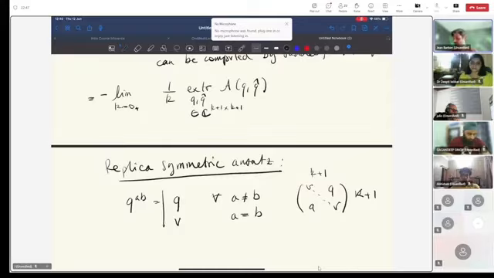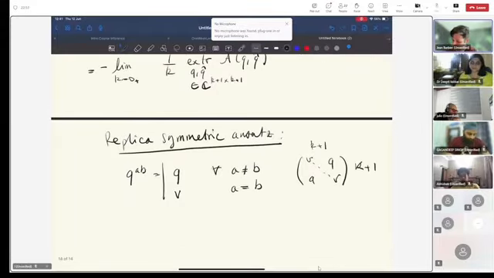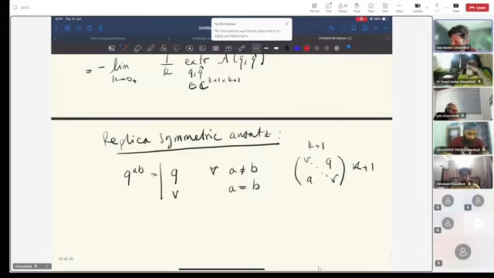Perfect, and same for Q hat, where you put a hat there, same form. Okay?